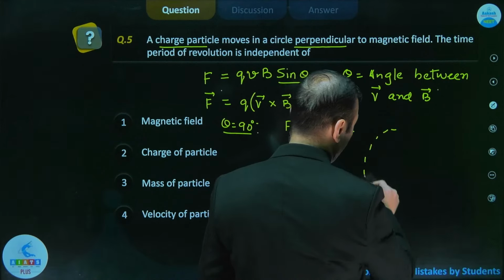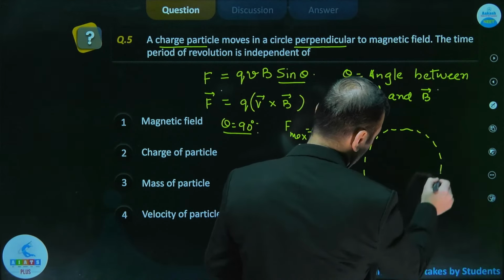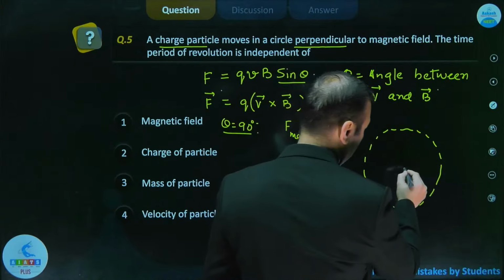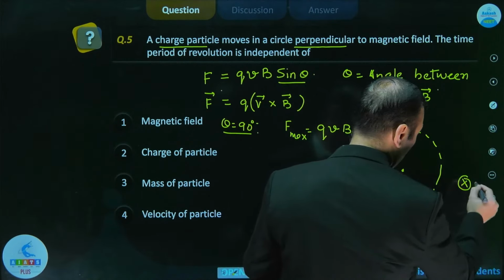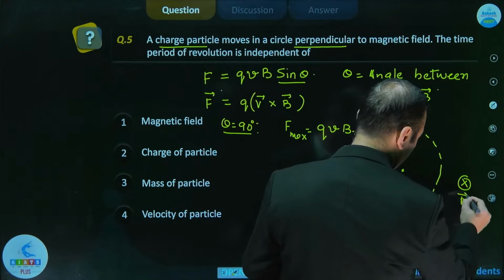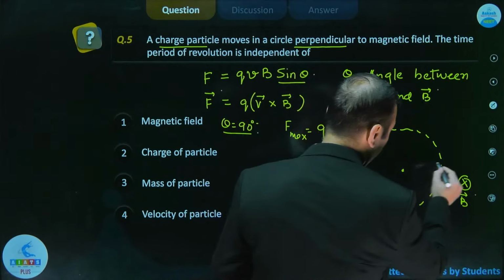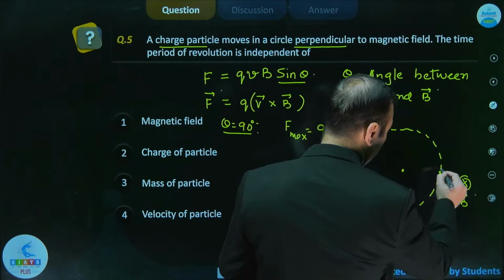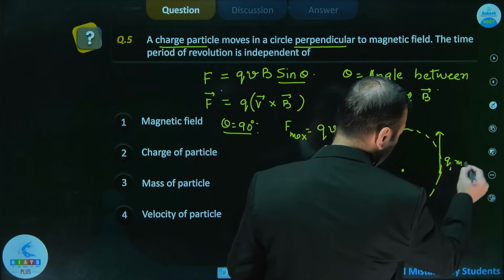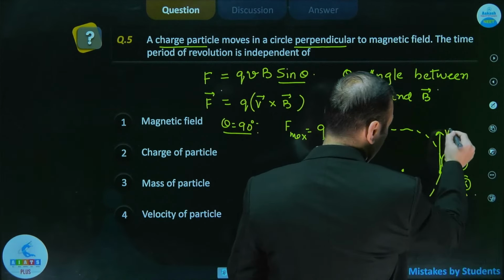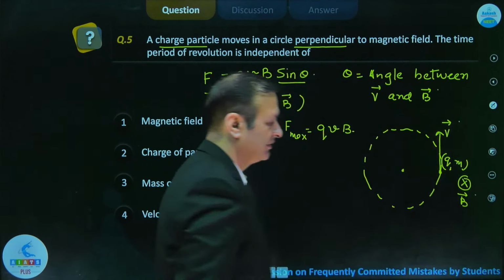So let me draw some of the basics. We'll assume the magnetic field is downward. So this is B. Got it? And here we'll assume your charged particle Q having mass M is moving with this velocity vector at this point.